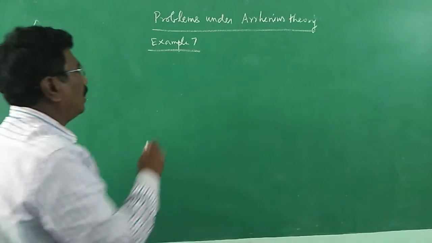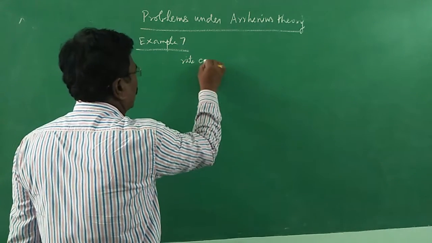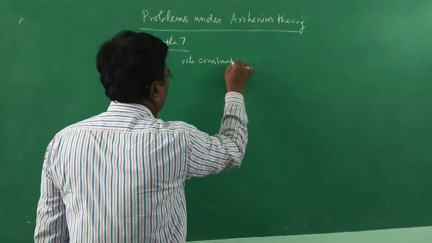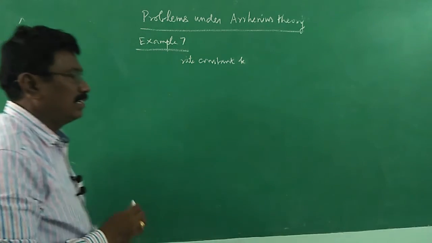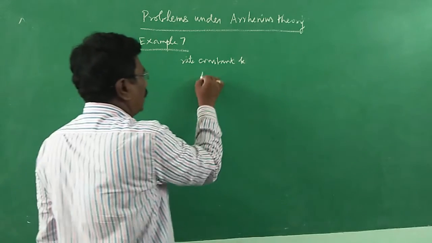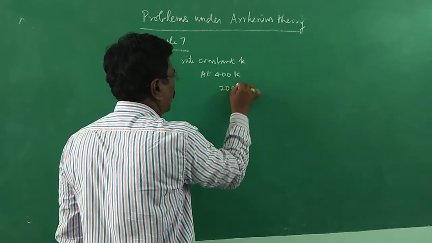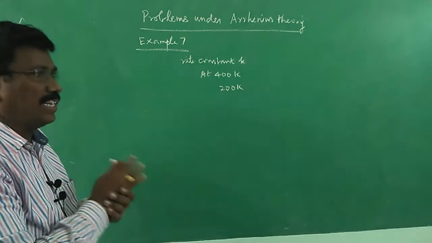Rate constant K at 400 Kelvin and 200 Kelvin are given. At 400 Kelvin, what is the value? At 200 Kelvin, what is the value? That's what they are given.